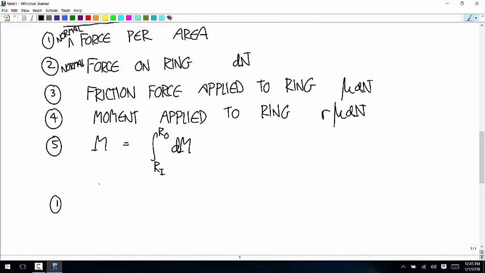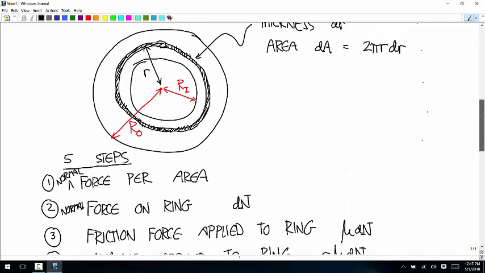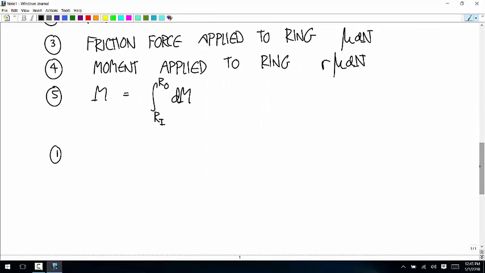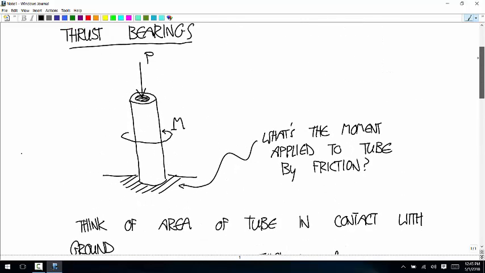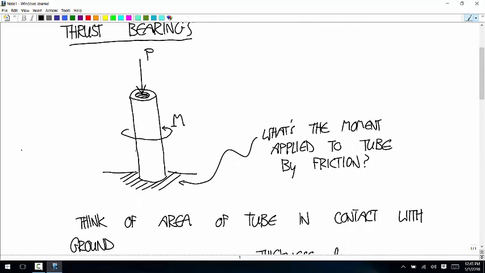Okay, so step 1 in this case. The first thing we have to do is calculate the force per area. So that's just going to be the total force P. If you look back at this picture, that's the force P that's pushing the surface and the tube together.